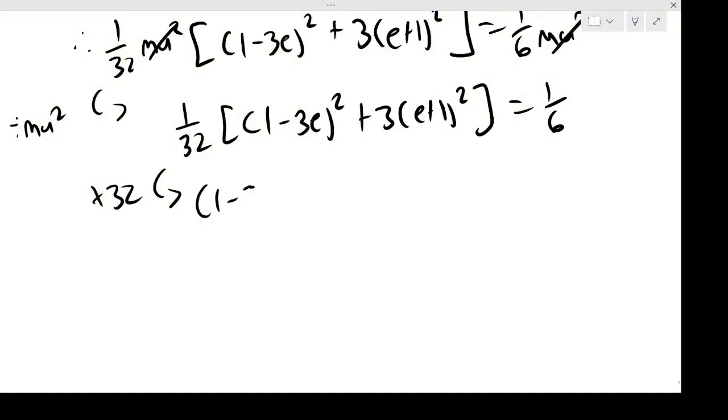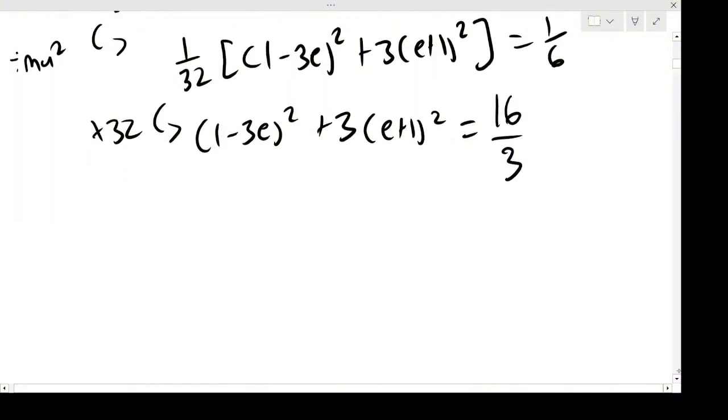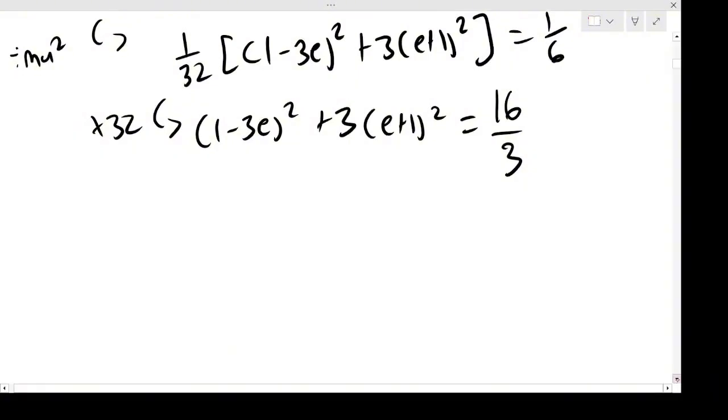So I have (1 minus 3e) squared, add 3 lots of (e plus 1) squared, equals 32 over 6, which simplifies to 16 over 3. So now it's very apparent that we're going to get a quadratic in e to solve. We now need to expand the brackets.